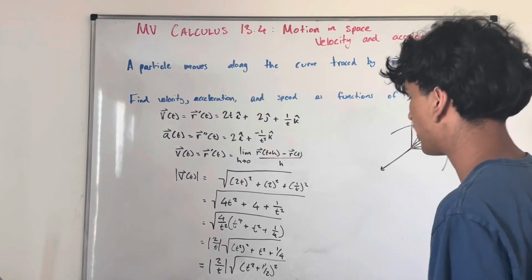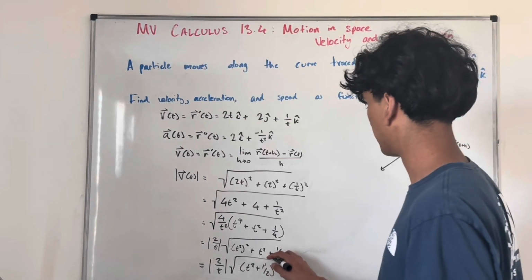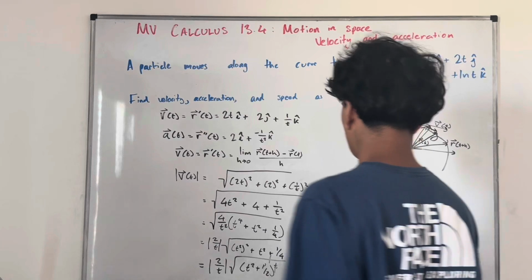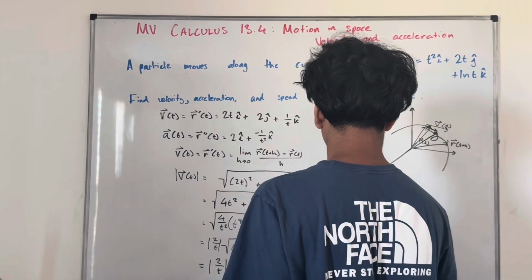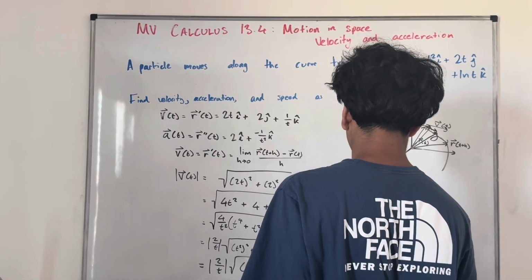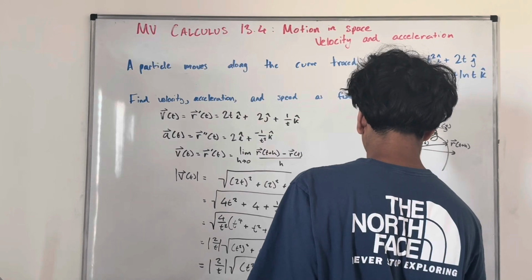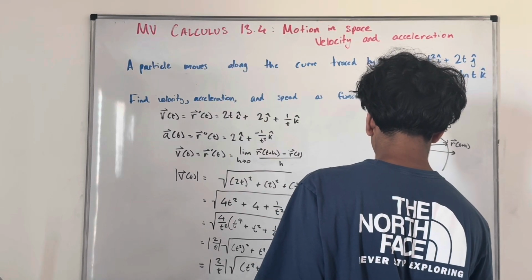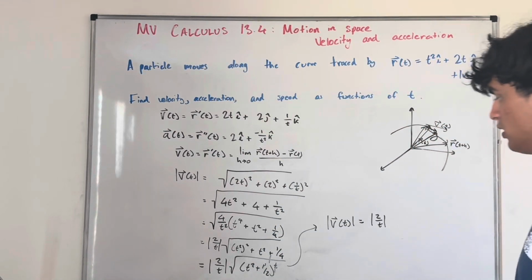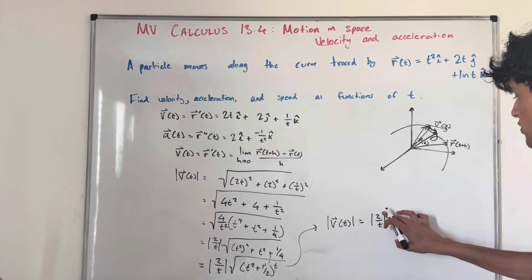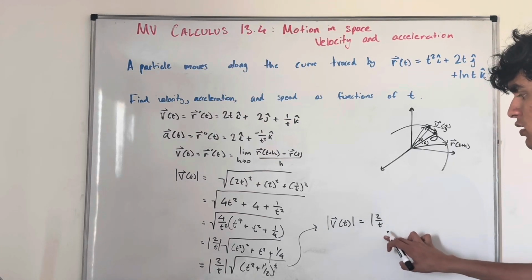So that's a really quick way I can cancel out the square and the square root. For my speed function, I end up with the absolute value of 2 over t, or I guess the absolute value of this whole thing.